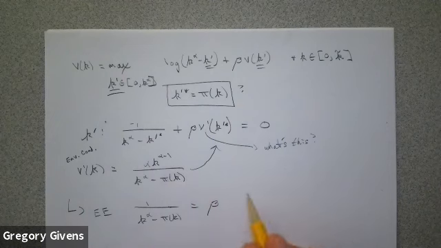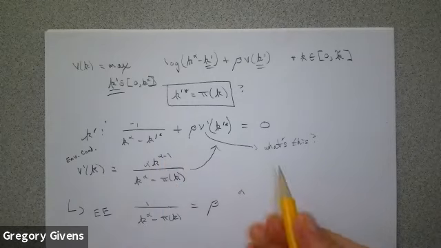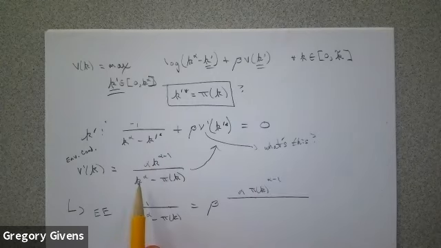That's going to be alpha times k prime to the alpha minus 1. Well, what's k prime? It's pi of k, to the alpha minus 1, divided by k prime to the alpha. So that's pi of k to the alpha. Oh God, now what do we do? Minus pi of k prime. Well, that's pi of k.